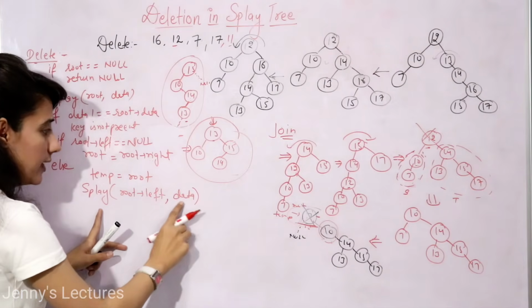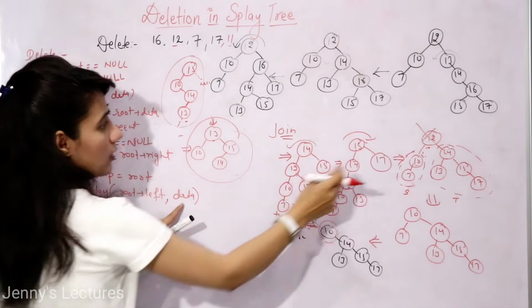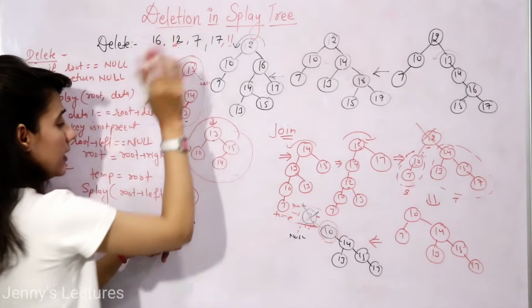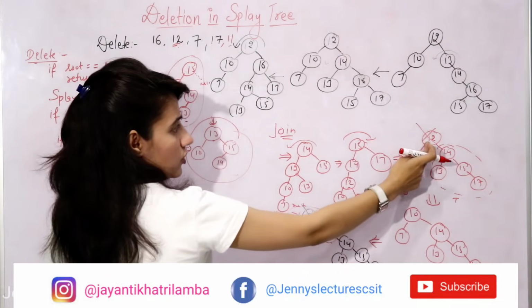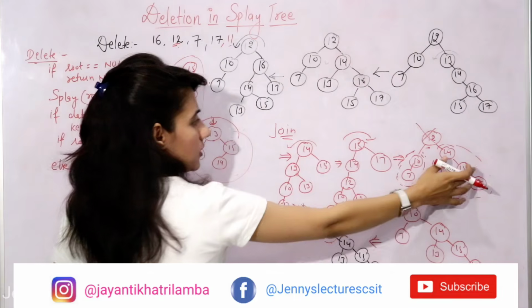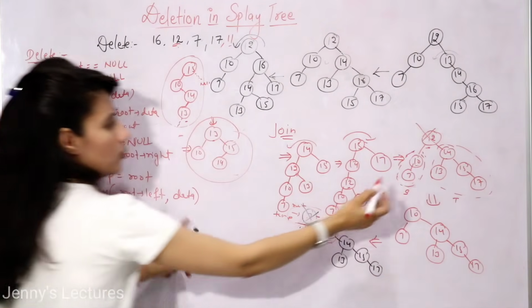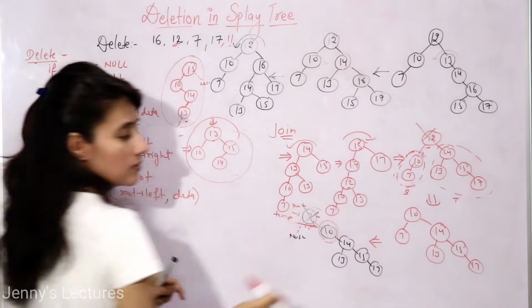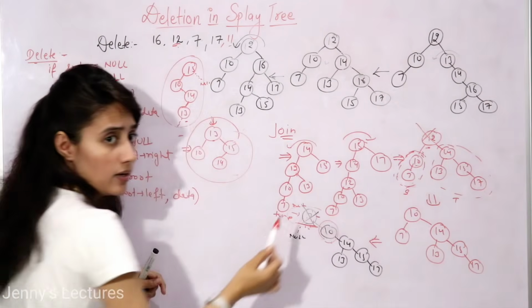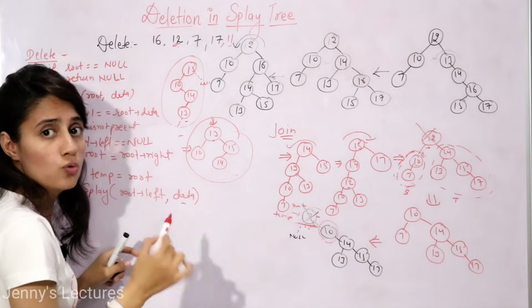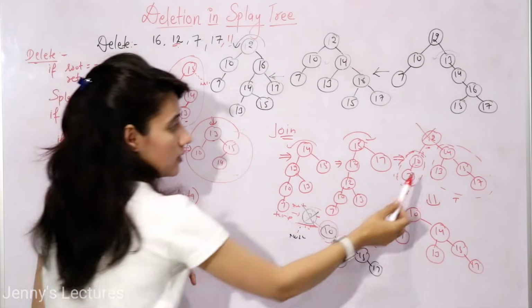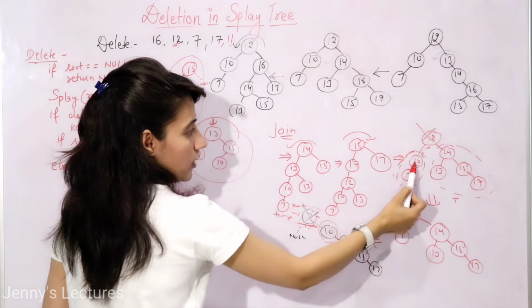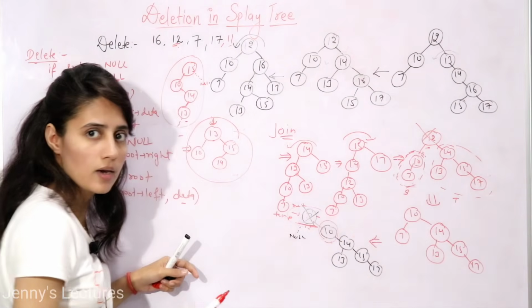Why am I writing the data? See, suppose here when you want to delete this 12, so the data is 12. So now after reaching here, after splaying, this would be the left subtree, this would be the right subtree. Now if you splay this left subtree, the root of the left subtree is 10. For this data, that is for 12, it means find out where is 12. 12 is greater than 10, but here we have null.